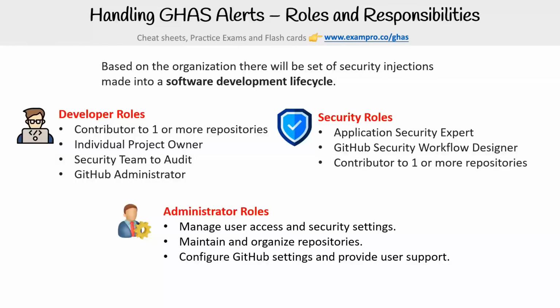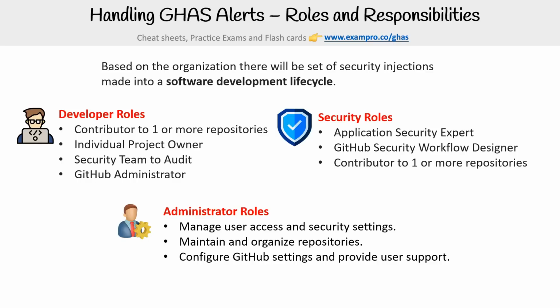And probably the other side of the coin, the security roles themselves. Usually there is someone called an application security expert who works with a project team, whether it's a developer or a project owner, to help them triage vulnerabilities that have been identified by the GitHub Advanced Security tool. Now, obviously, there are people who would primarily work on building the workflow for this as well, because they may be just starting off in their journey.